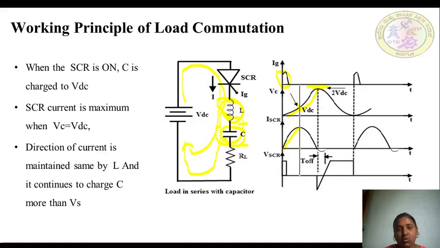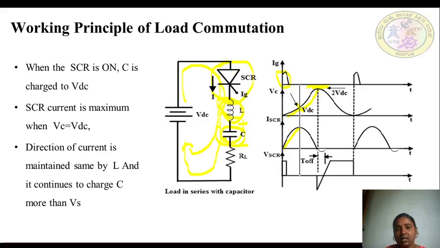SCR is reduced. Why is it reduced? Because the capacitor voltage, which is more than the supply voltage, is going to make the SCR reverse biased. Here you can see, here it is positive and here it is negative. In this reverse bias state, the SCR is connected across the capacitor.